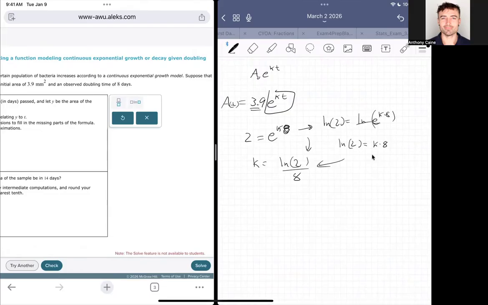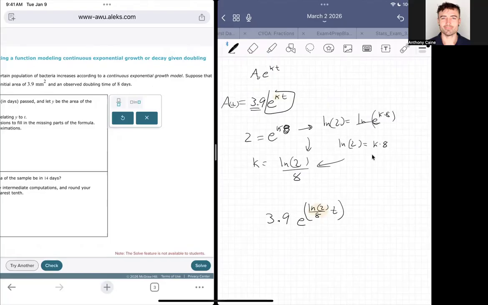Right? Okay, so now we have our function. It's 3.9 e to the natural log of 2 divided by 8 times t, right? So this whole thing is the exponent, and k is this expression here.